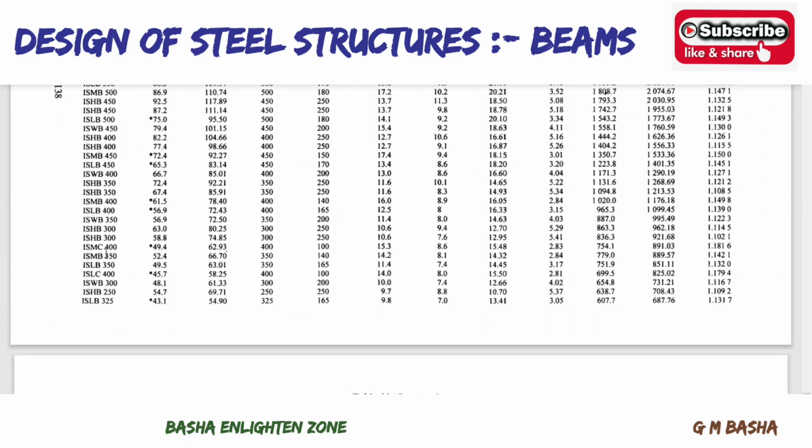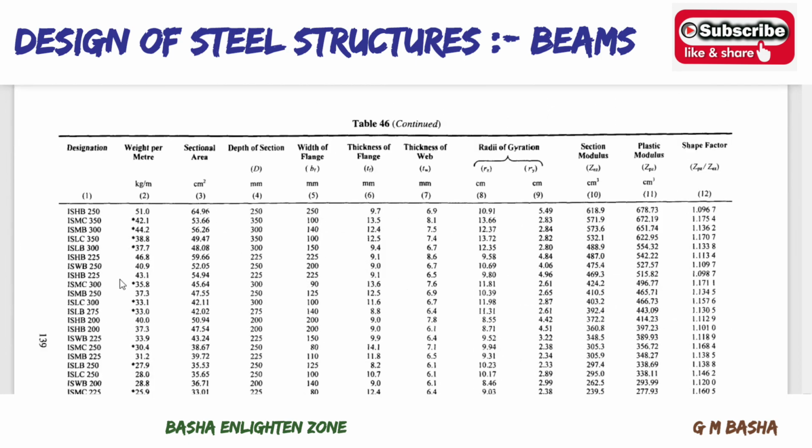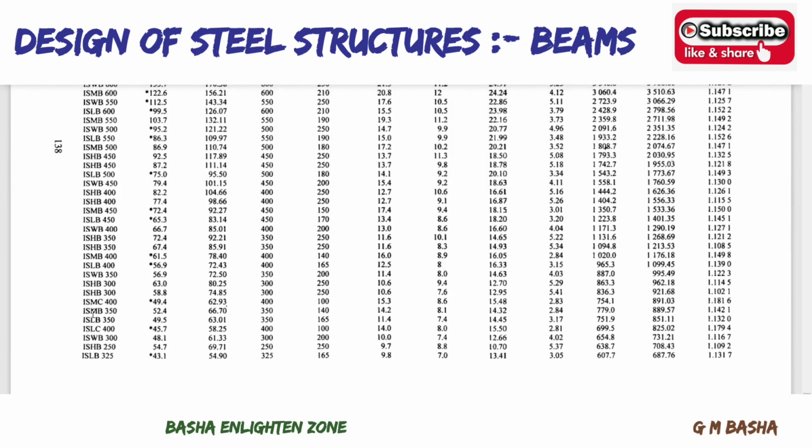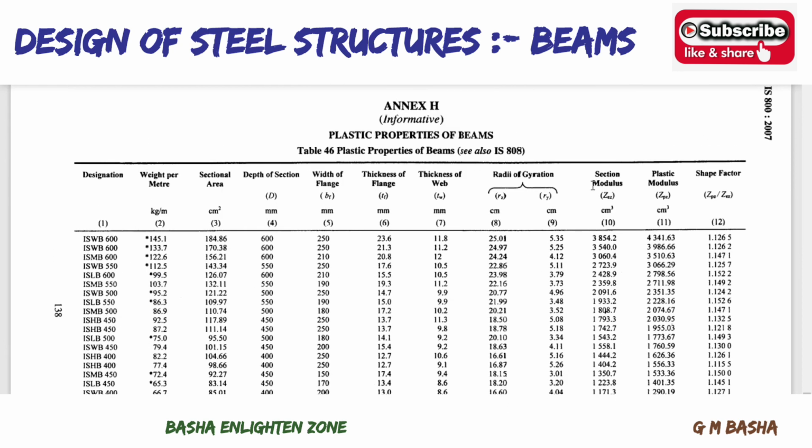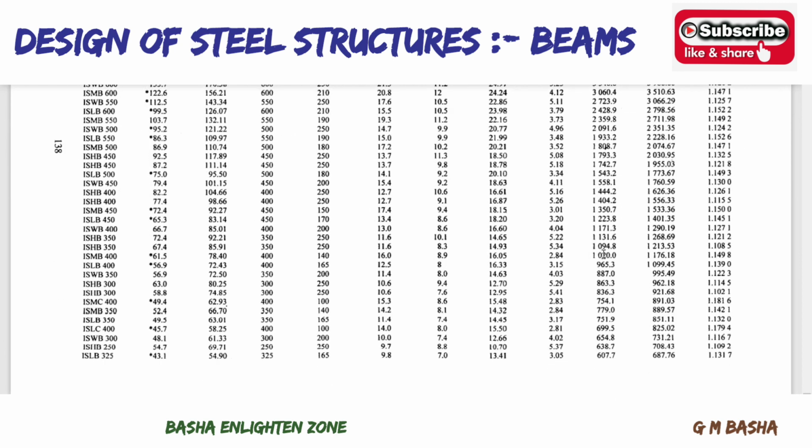See here, ISMB 400. So this is ISMB 400. For this, your ZE value will be here, which is 1020. ISMB 400 ZE value will be 1020. I am taking that value directly here.